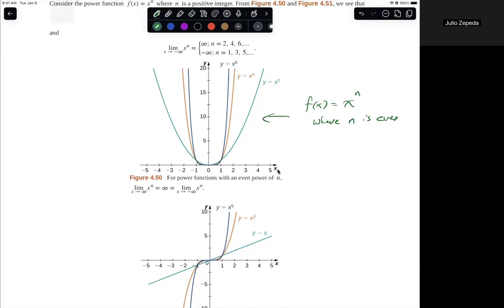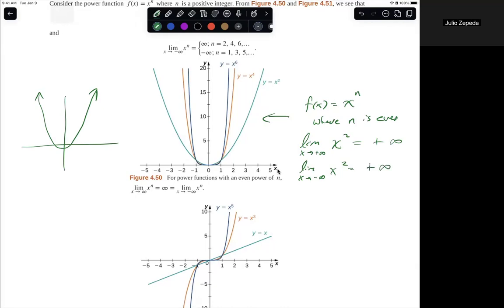You get functions like y equals x squared, and the end behavior is that both ends go to positive infinity. So the limit as x approaches positive infinity of x squared is positive infinity. The limit as x approaches negative infinity of x squared is also positive infinity.